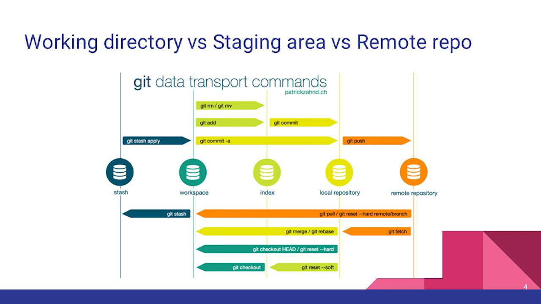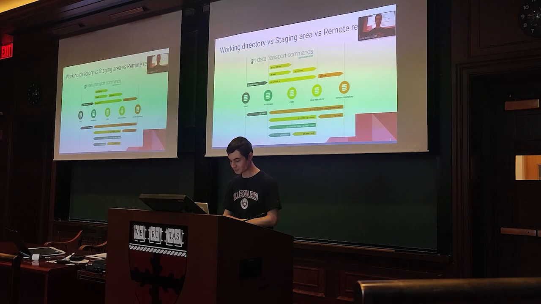And once you have everything that you want in the index, you can do a git commit, where the content of the index will be permanently recorded in the tree history of your repository. And the files that you did not select, the changes are still here, but they are not permanently recorded. You will have to do a git commit for that.